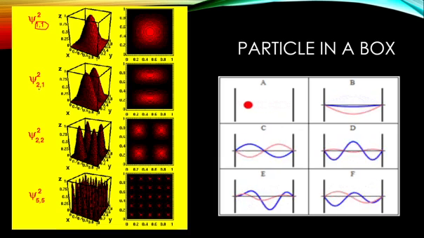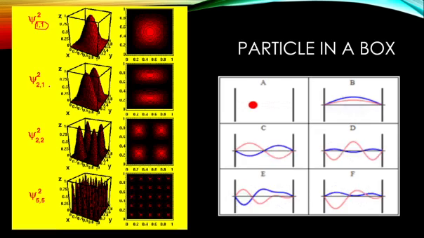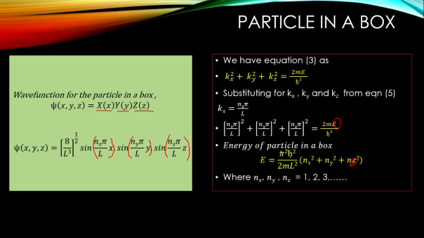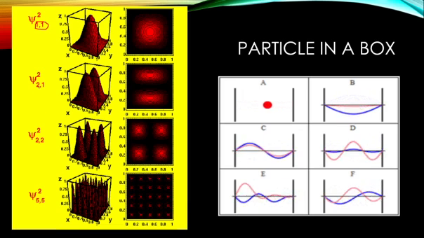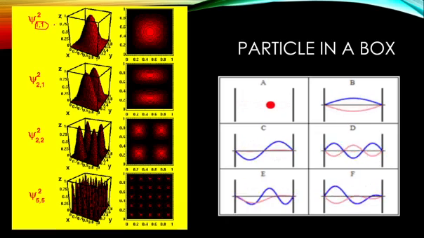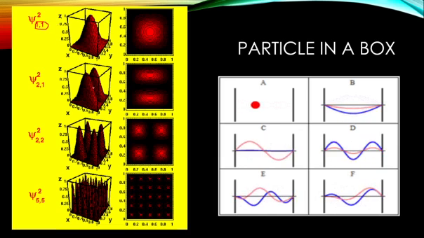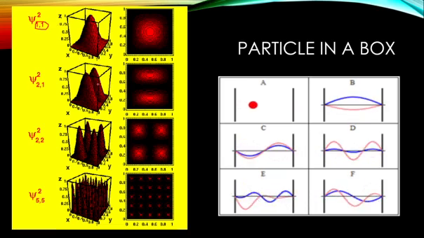But when you have more energy, from the previous expression you can see that if the nx, ny or nz value increases, naturally the energy of the particle will also increase. So for a higher value like nx equal to 2, the energy is greater than in the previous case, and now you can find the particle in two positions.